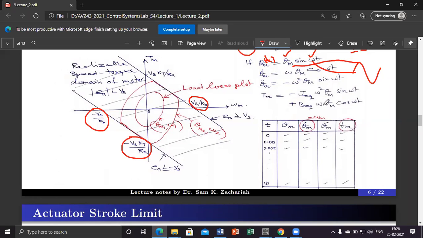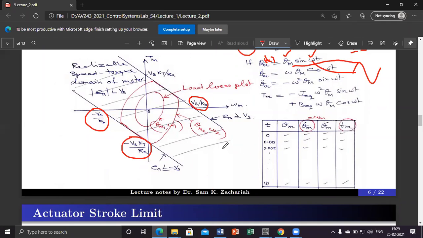It is not simply the angular velocity, it is the frequency of the signal. Thus, theta m dot is the same as omega m, and hence you can plot this theta m dot data along this axis. Tm is the torque developed by the motor, so you can plot it along this axis.